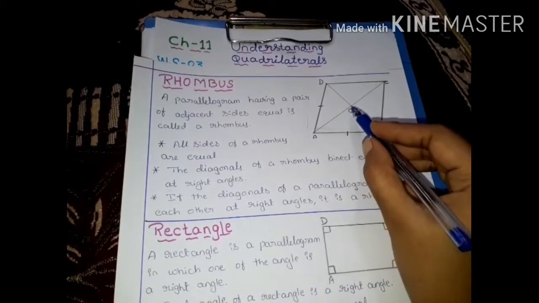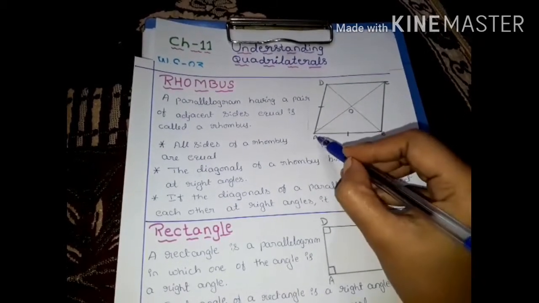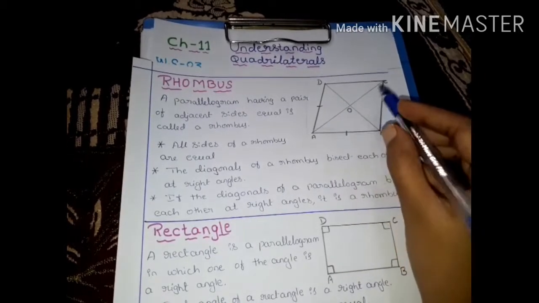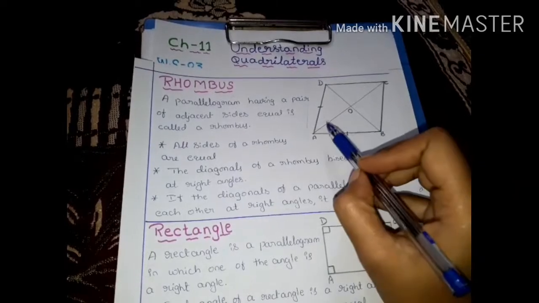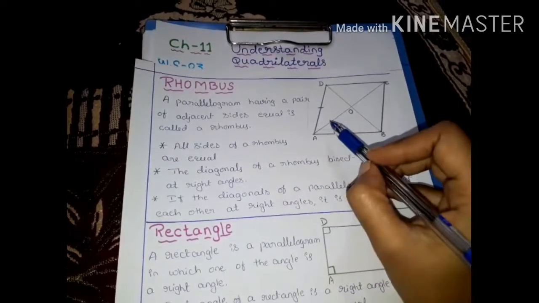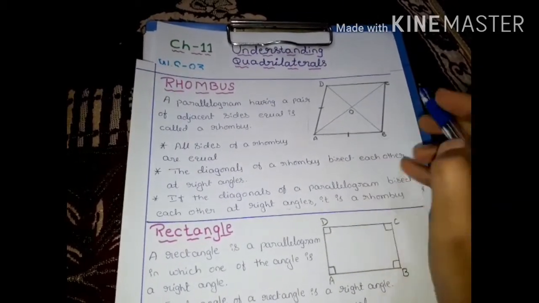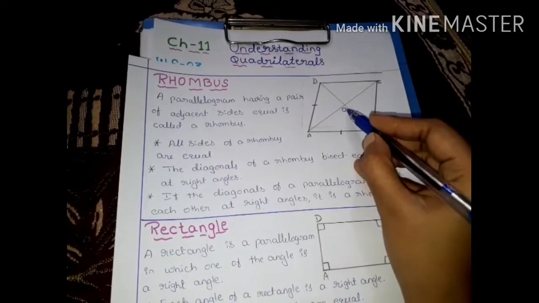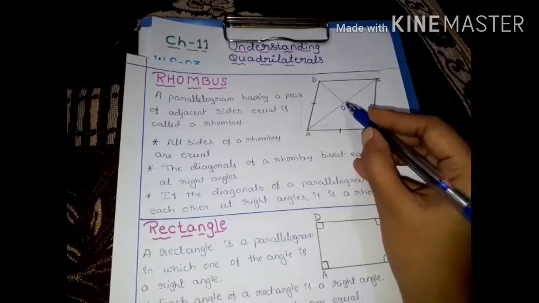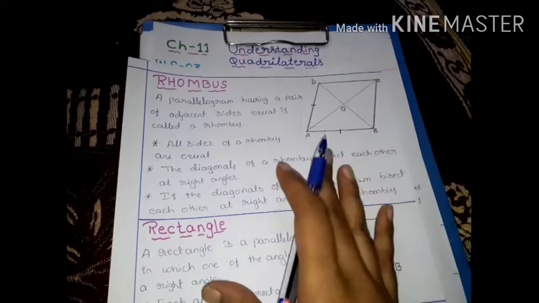They bisect each other at O. That is, AO equals OC and DO equals OB. Bisect means the line becomes two equal parts, at right angles, forming a 90 degree angle after bisecting each other.